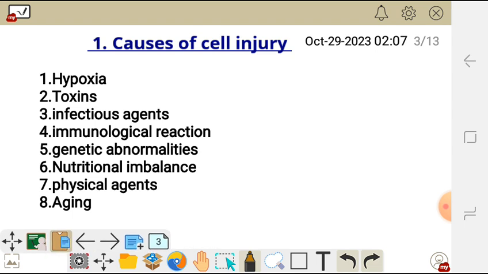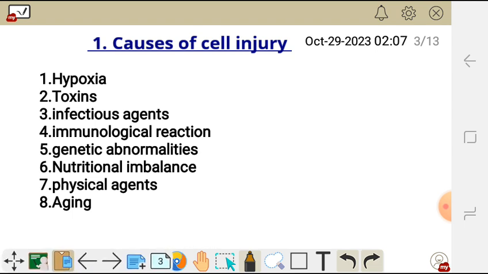So these are the causes of cell injury. But now let's look at these causes of cell injury in detail. What is hypoxia, toxins, what is all about infectious agents, and all of these factors which cause cell injury.